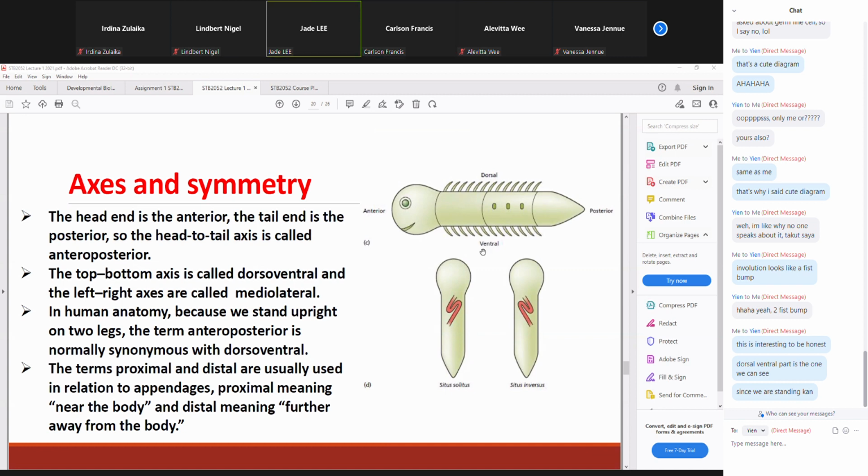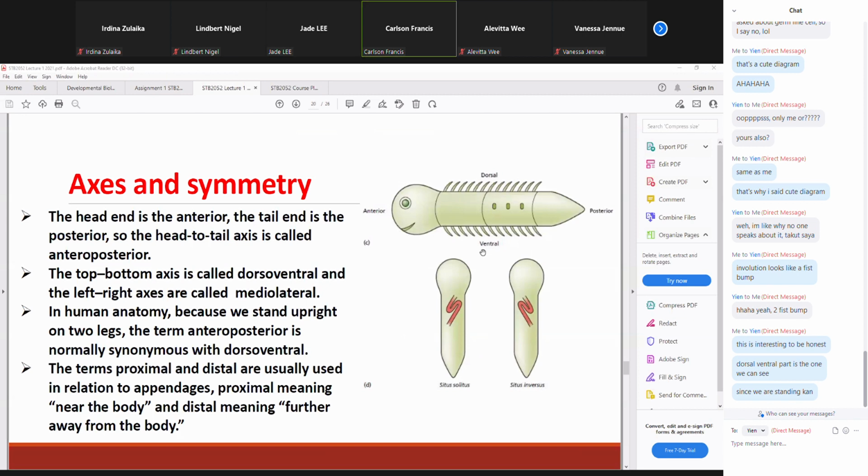Dorsoventral adalah atas ke bawah. Top to bottom. So our head is top also kan? Our kaki bottom kan? Okay. So because in all organisms only humans stood upright, right? So dorsoventral also sama dengan anterior posterior untuk human.